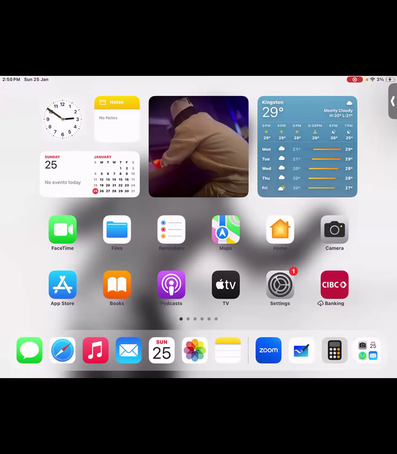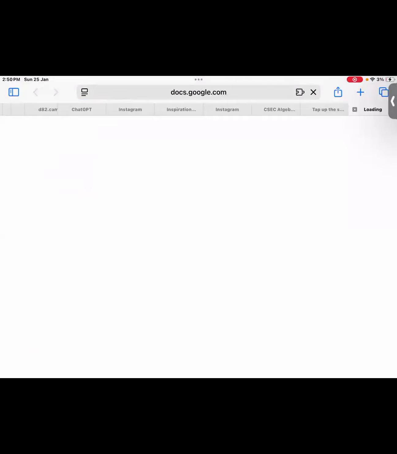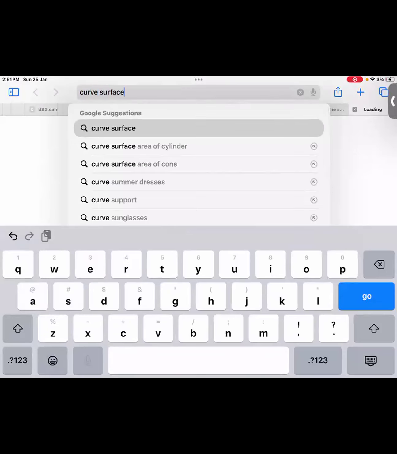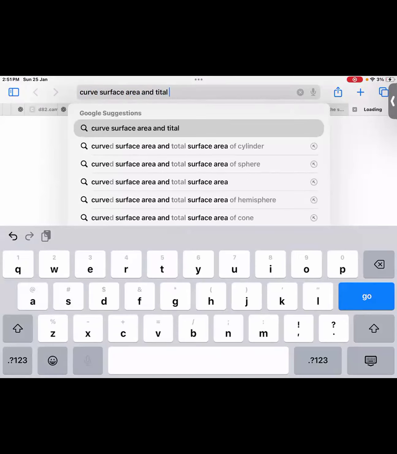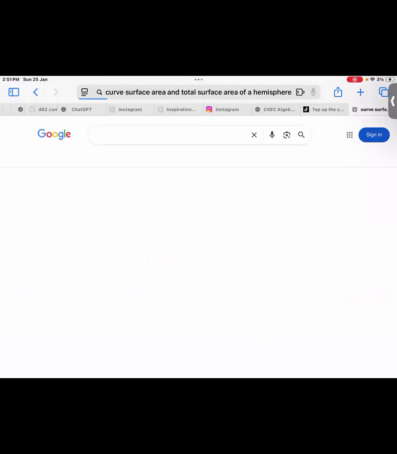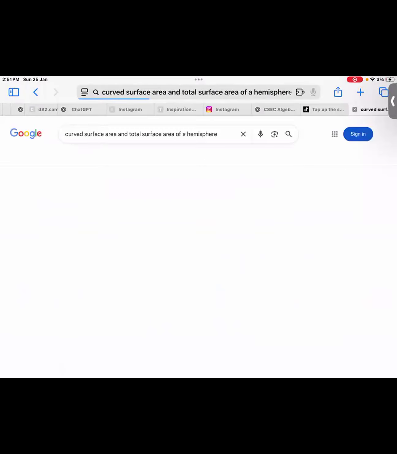So we can go here and we can type in curved surface area, and total surface area of a hemisphere. Right? And when you click on go here, we're going to click on images, and it's going to give you an image of what we're looking at.